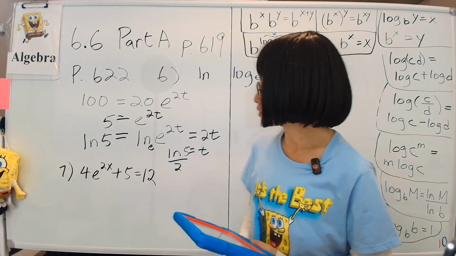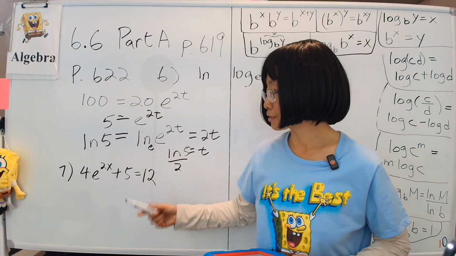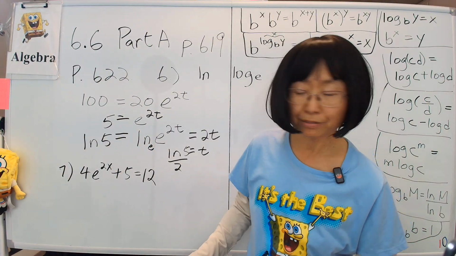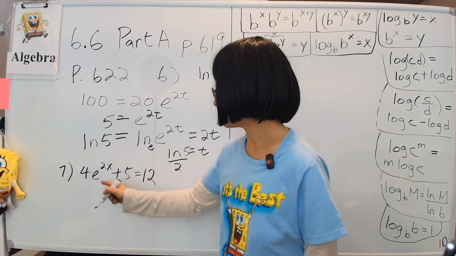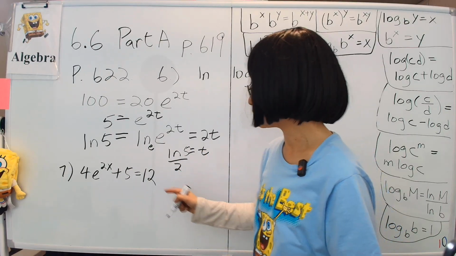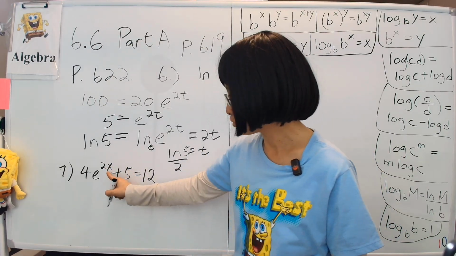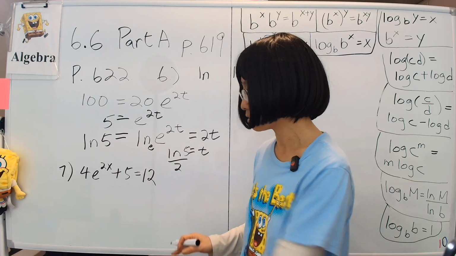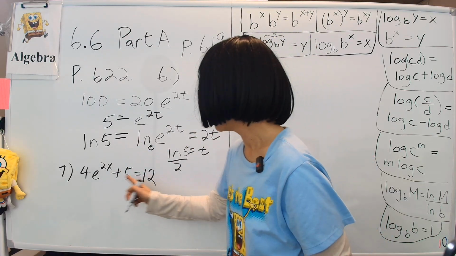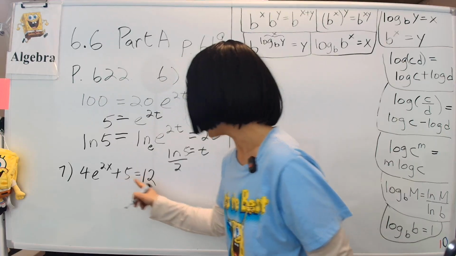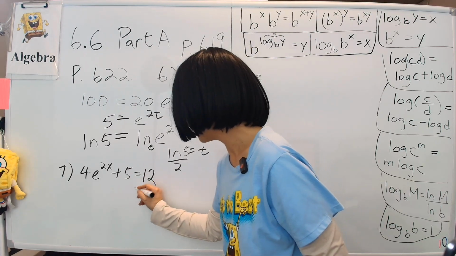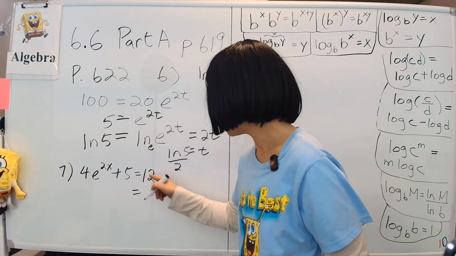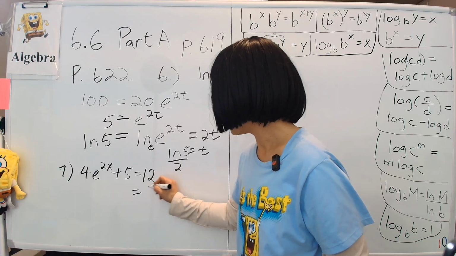Next, let's look at example 7 on the same page at the bottom. We have 4e to the 2x plus 5 equals 12, and we need to find x. Let's do it the same way we solve all equations: we're zooming in on x, so we get rid of everything that isn't x and throw it to the other side. First, get rid of 5, so 12 minus 5 is 7.